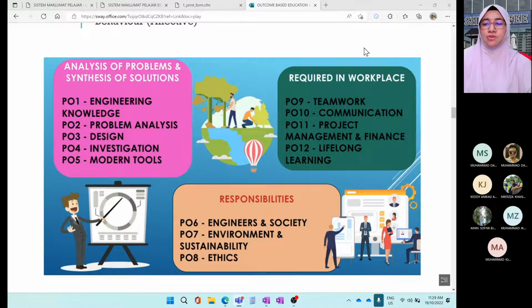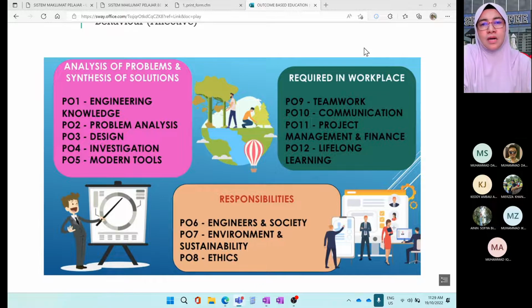Okay, and you have to make sure that you achieve all the POs. You cannot get below 50. That means in general the average PO, even though it comes from 56 courses, you have to make sure that all POs are achieved.